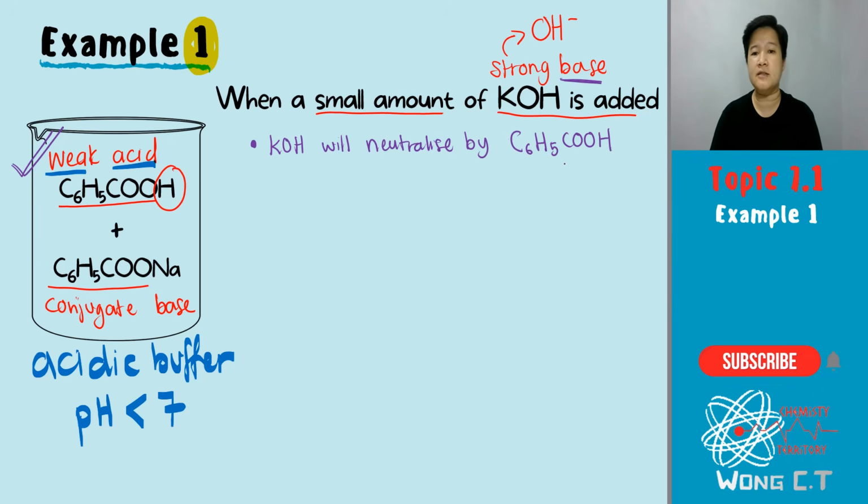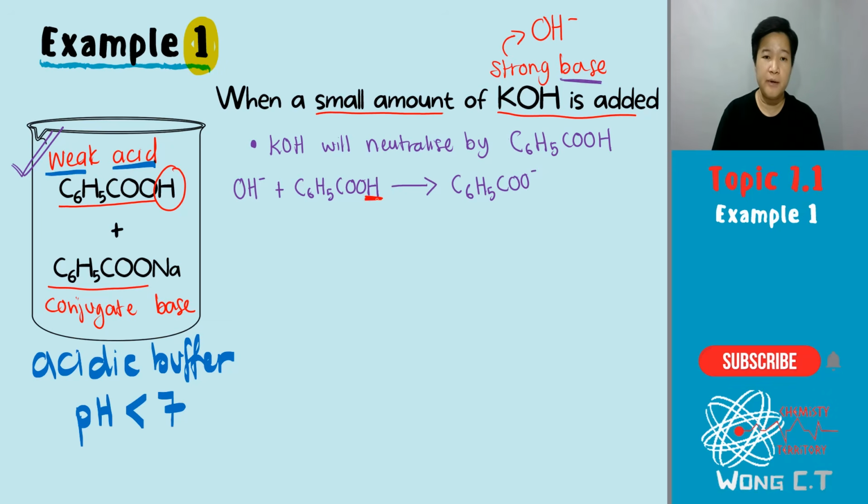And once you have determined who will neutralize your strong base, then we go for the equation. So your OH minus over here will then be completely neutralized by your weak acid. So what will happen in this equation is you must produce your conjugate base. So your conjugate base that will be produced is your C6H5COO minus.